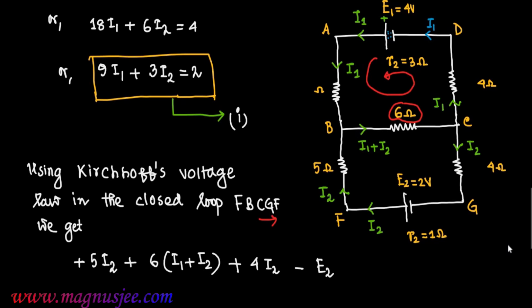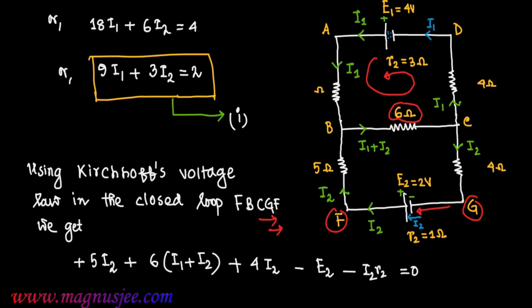It should be negative, because we are traveling from G to F. Then the potential difference across the internal resistance R2 of the cell of EMF E2 will be what? Positive. Though it is written as negative, it should be positive. We have denoted a negative pole and a positive pole of the cell of EMF E2.